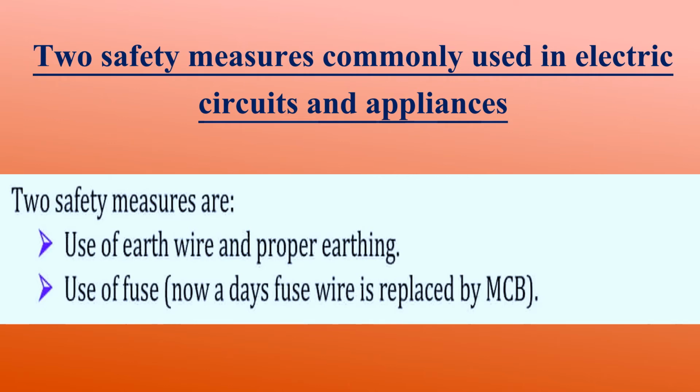That is, if the current exceeds the limit, due to the heat produced, the fuse wire will melt off and cut the electric circuit, which prevents the flow of electric current through the circuit. So a fuse wire should have a high resistivity and a low melting point. These two are the features of an electric fuse wire.